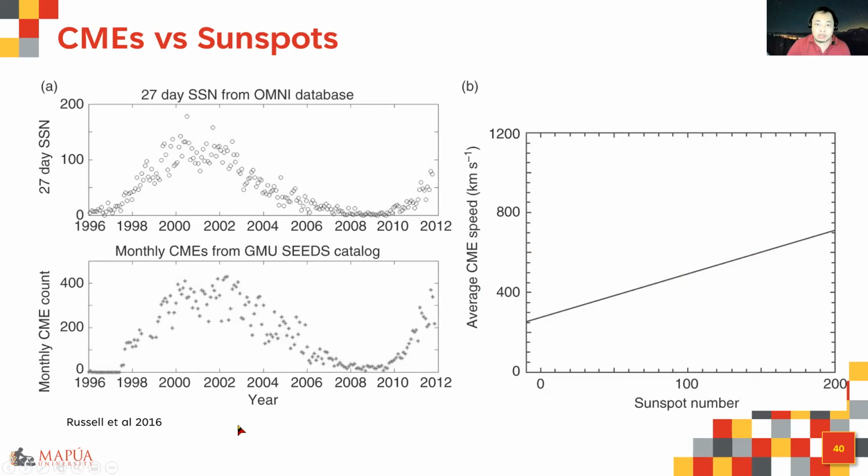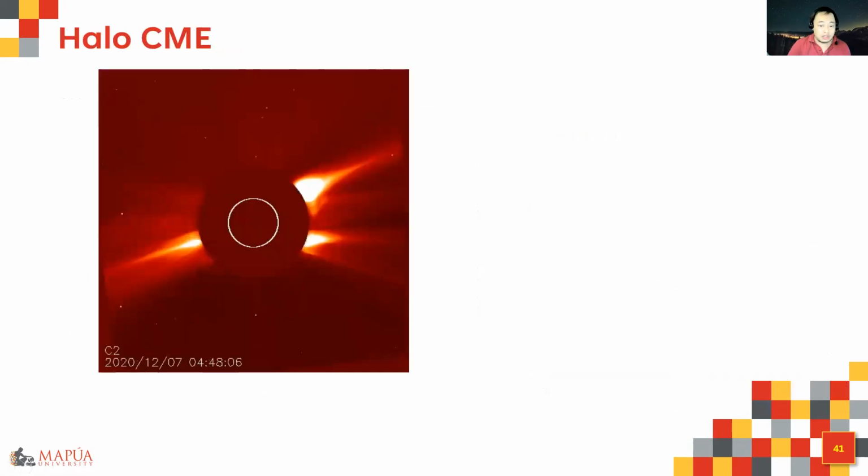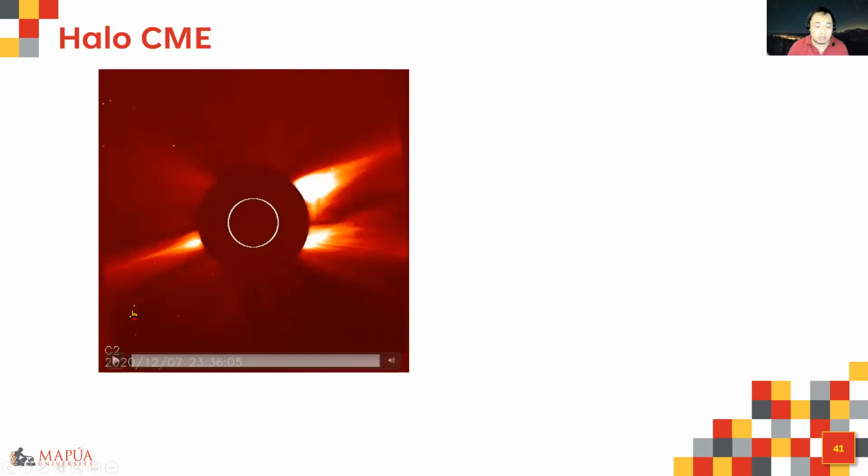Okay. Last figure, last event. This is December 7, 2020. This is an example of what we call a halo CME, wherein the material in the CME was ejected in all directions.